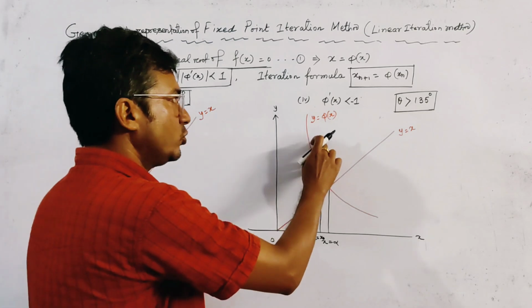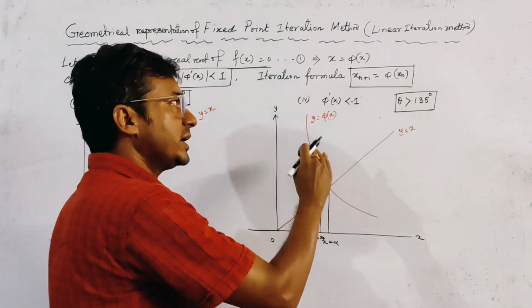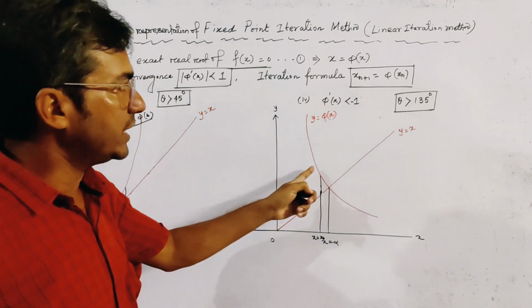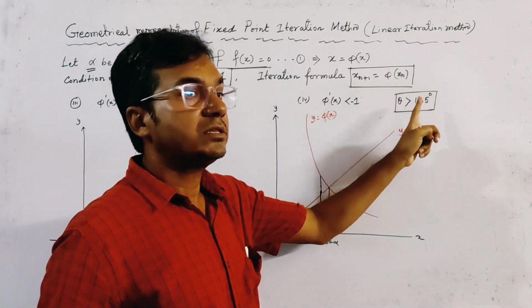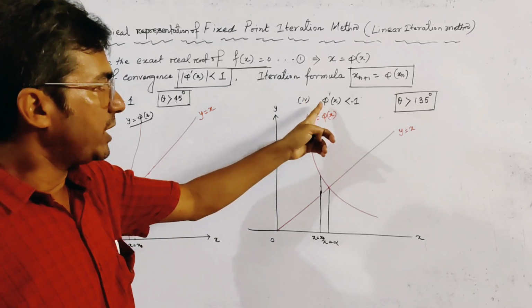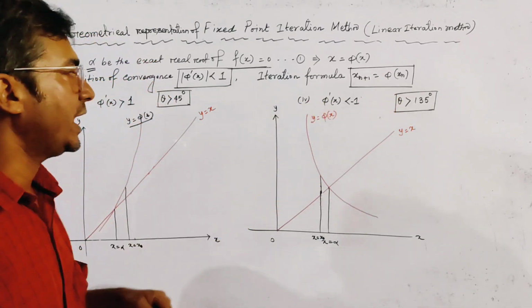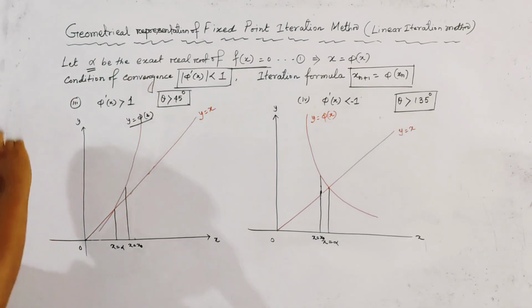And in the second curve we draw the curve y equal to phi of x such that the tangent makes an angle theta greater than 135 degrees. So in this case phi dash x, that is tan theta, is less than minus 1, and in this case tan theta is greater than 1.